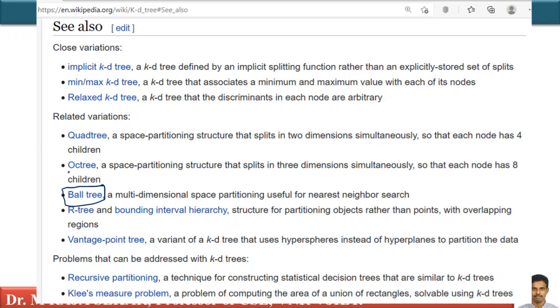Of course, there is a lot of research that has been done for the last 40 years on how to modify KD tree. There are different modifications for KD tree, because KD tree was created for computer graphics, isn't it?